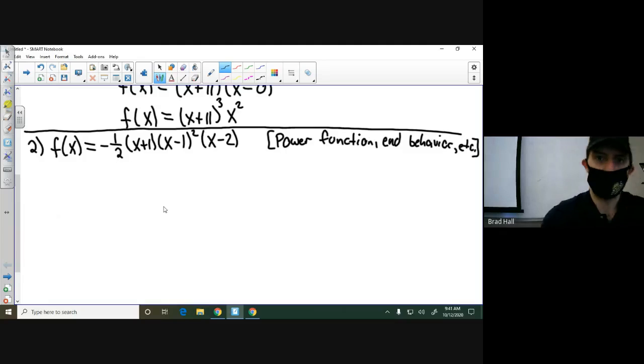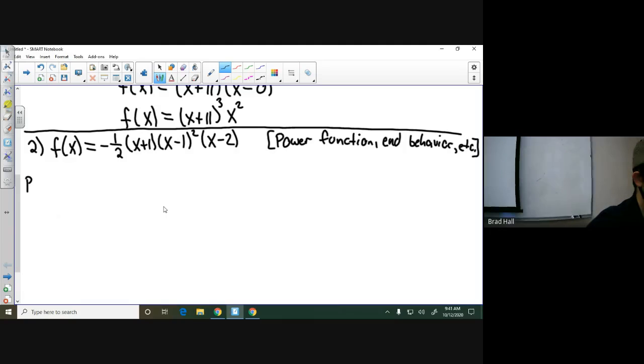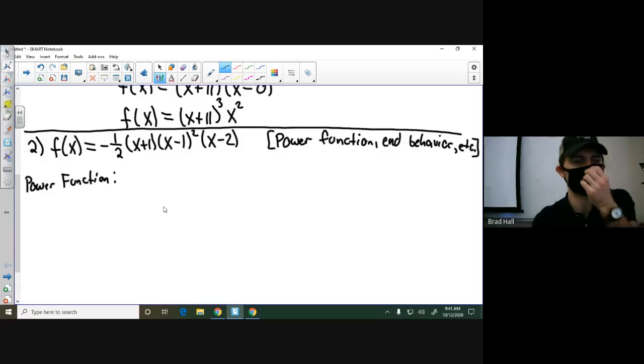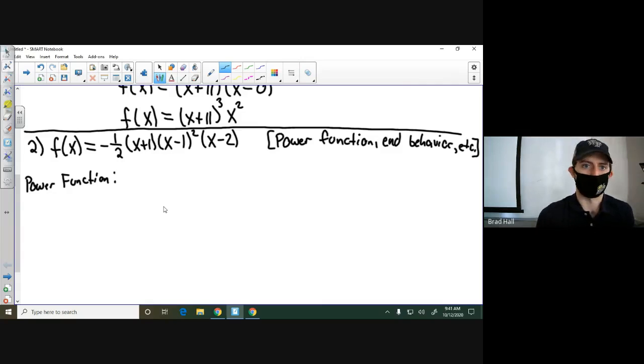So we'll start off with the power function, because the power function is very, very important. I've mentioned this before. The power function gives us an idea for what the overall characteristic of the function is doing.